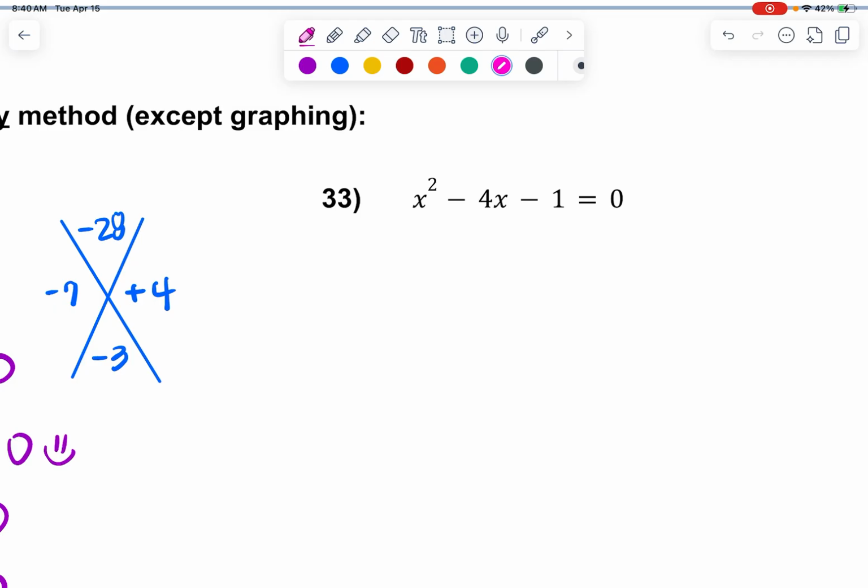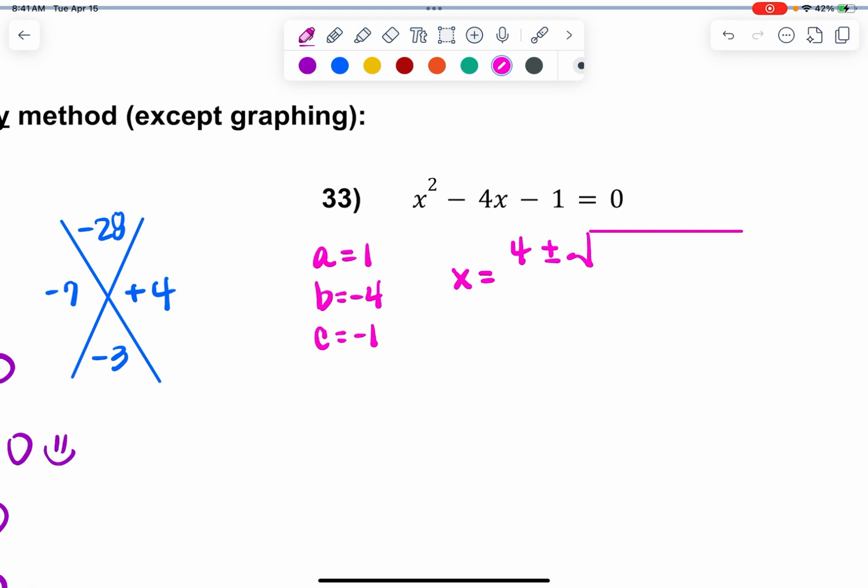So here we go. My A value is 1, my B value is negative 4, and my C value is negative 1. And then we just plug that into our formula. Here we go. X equals negative b, but b is already negative, so that makes it positive, plus or minus square root b squared minus 4ac, all over 2a.